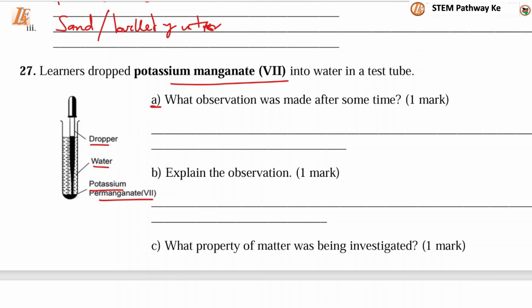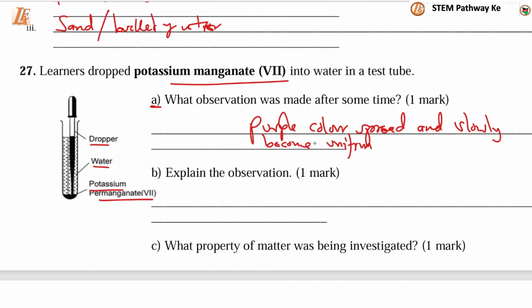Remember, potassium permanganate 7, these are crystals. When you drop them in water, the observation that you will see is that a purple color will spread and slowly become uniform. In this case, you can say purple color spread and slowly become uniform in the test tube.